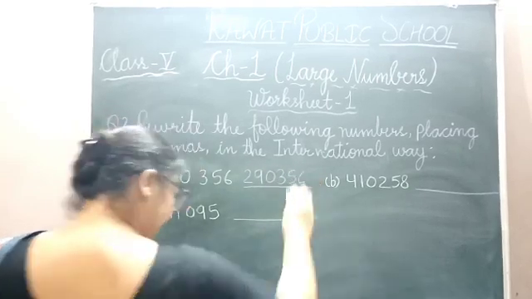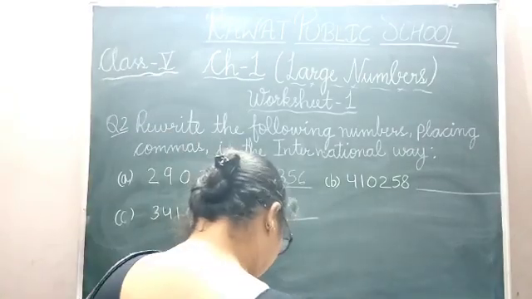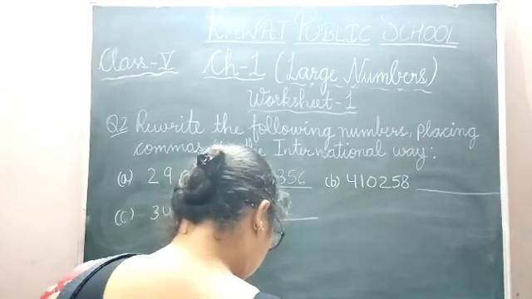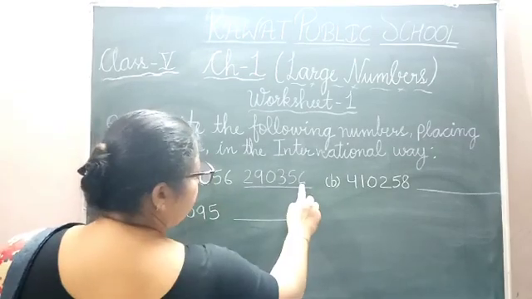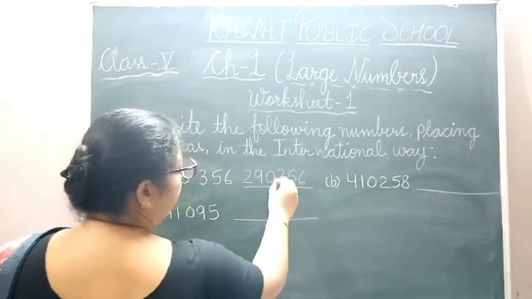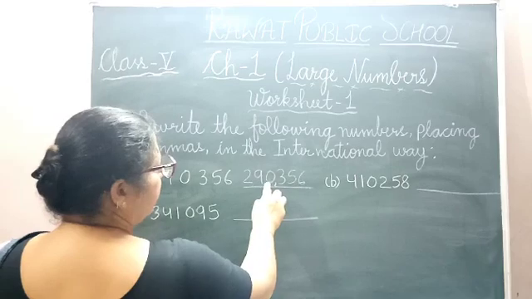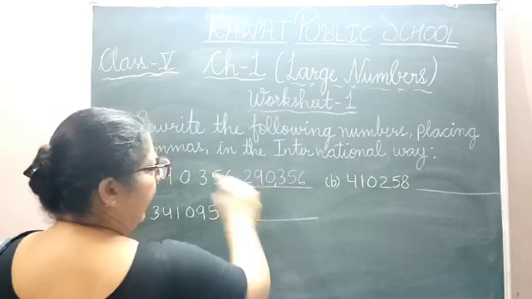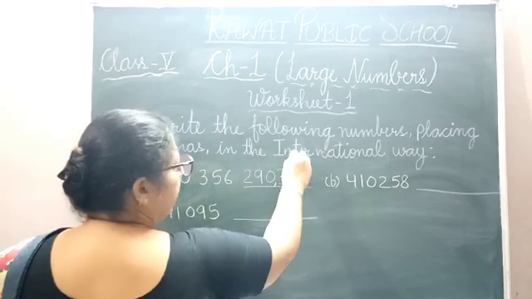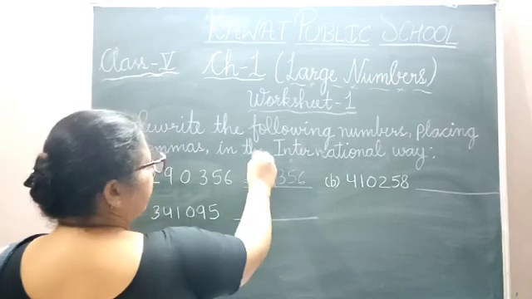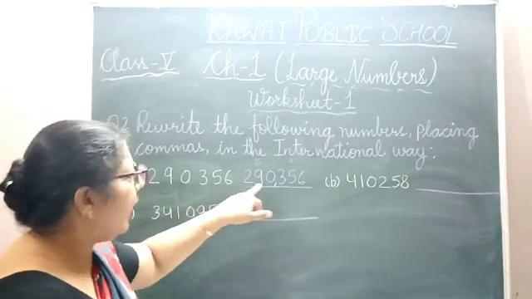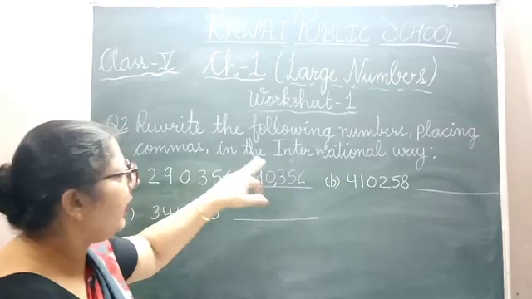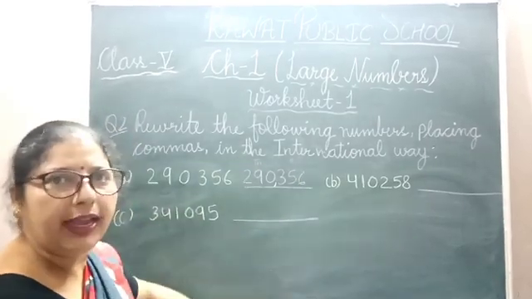So first, now write down this number, 290356. 290,356. So numbers are grouped in digits of 3. So first ones, tens, 100, then comma, then 1000, 10,000 and 100,000. So this is ones period and this is 1000. So we will read 290,356.